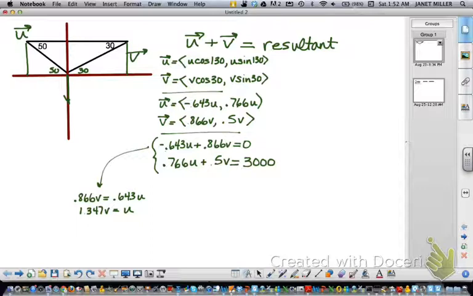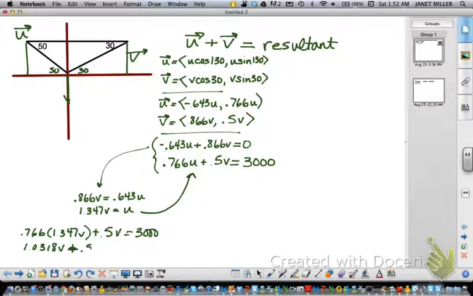So now I will take that and substitute it into the second equation, and when I do that I will get 0.766 times 1.347v plus 0.5v equals 3,000. Do some multiplying here and I get 1.0318v plus 0.5v equals 3,000.